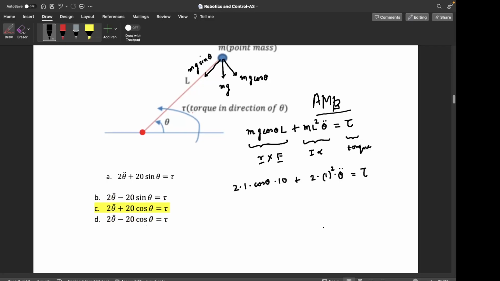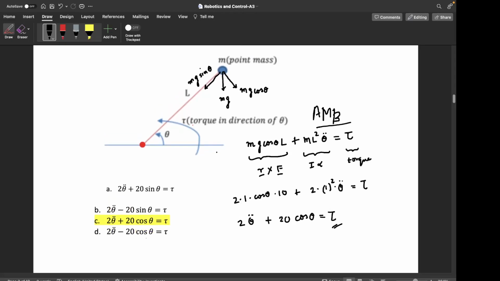So you can see that option C corresponds to this value, 2 theta double dot plus 20 cos theta equals tau, right? So this basically represents the equation of motion of this system. Given any theta double dot and theta, you can find out the required torque.